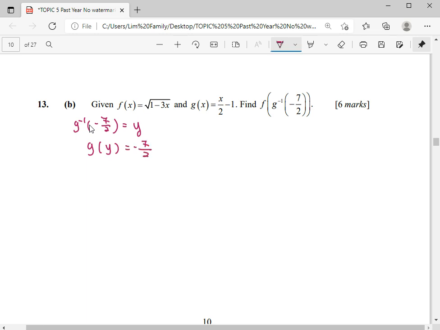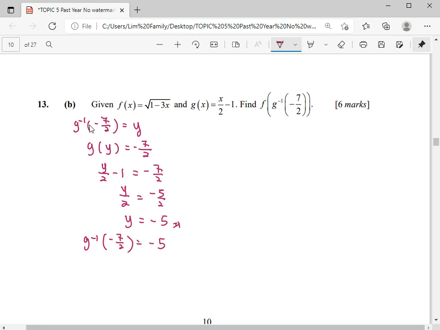Okay, so from here we find out what our y is. Substitute our y into the function of g, and then move the 1 to the right hand side, plus 1, negative 5 over 2. So y will equal to negative 5. Once we find our y, that will be our g inverse of negative 7 over 2.